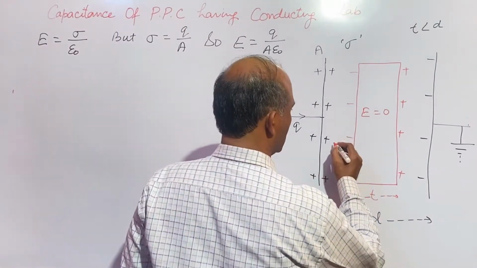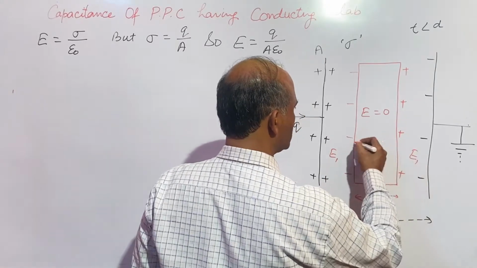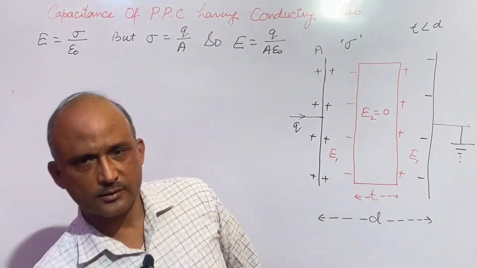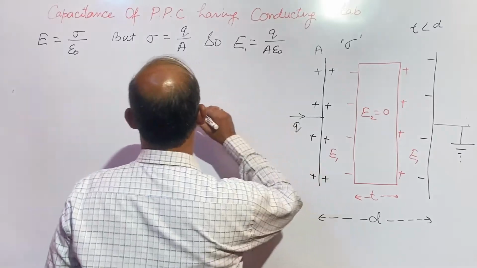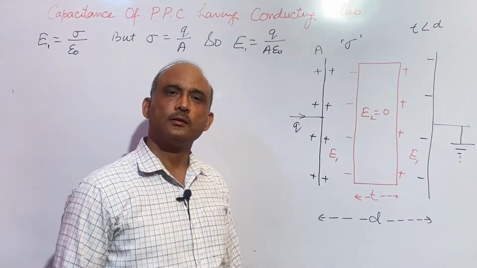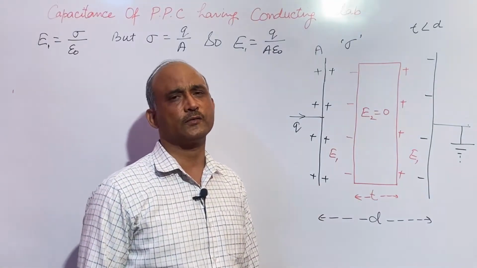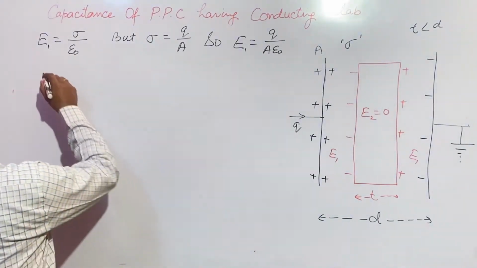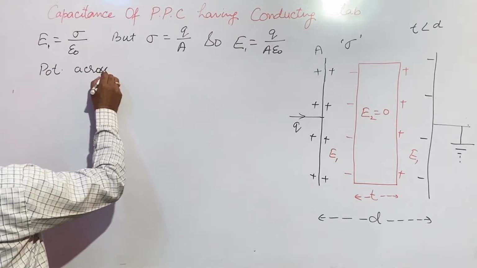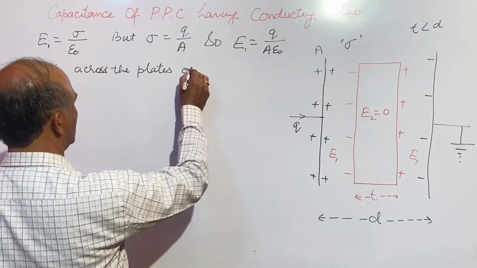Suppose in this gap the electric field is E1 and inside the conducting slab it is E2. Okay, so we may write here it is E1. Now, the total potential across the plates of the capacitor, V. Potential across the plates of the capacitor.